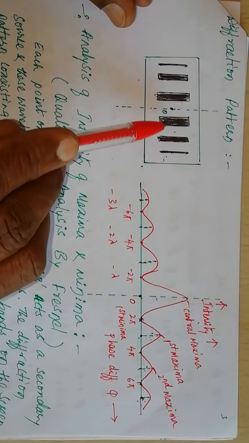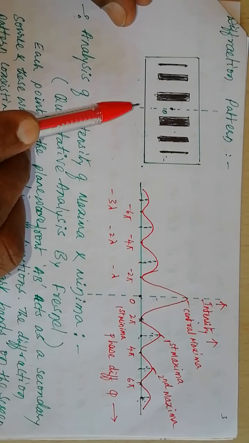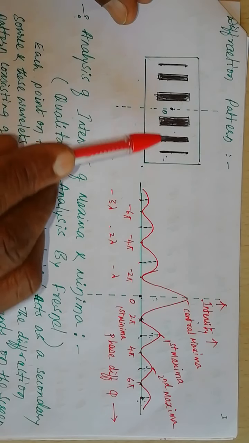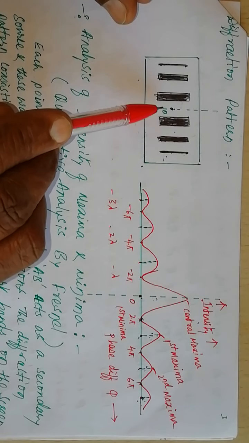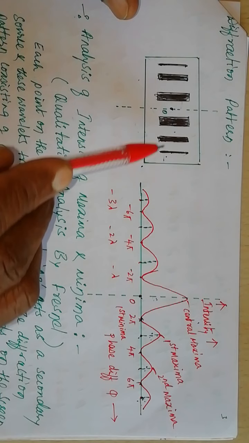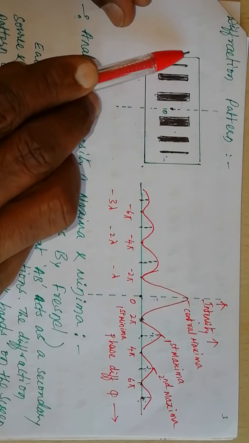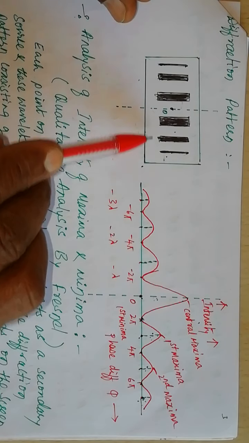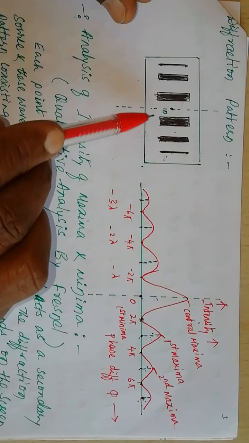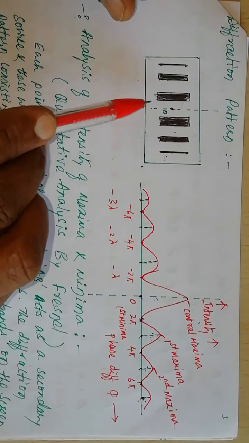All bright bands are not equally bright, and the widths are also not the same, which means all the bright and dark bands are not equally spaced. This is the diffraction pattern the experimenter witnesses in the laboratory.